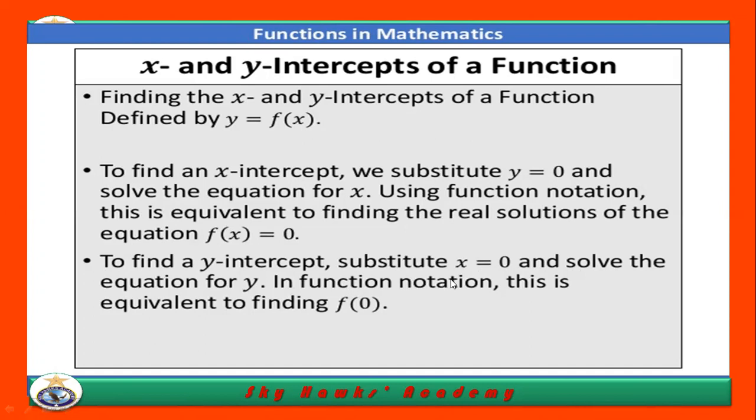In function notation, this is equivalent to f of 0. So we are putting x equal to 0. In that function, whatsoever the function is, we replace each and every x with 0, and we get the y-intercept. And if we are looking for the x-intercept, we have to put that function equal to 0 and solve for x.